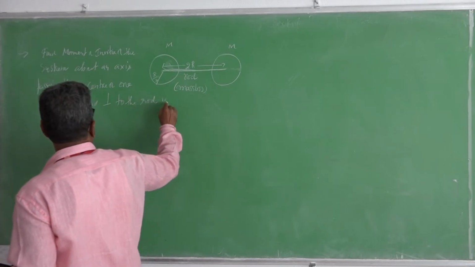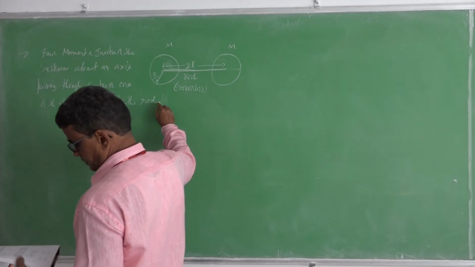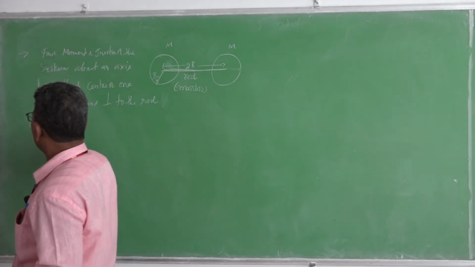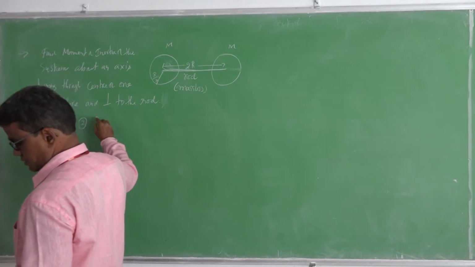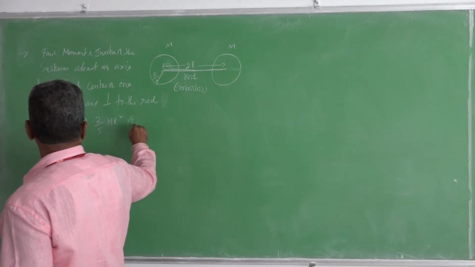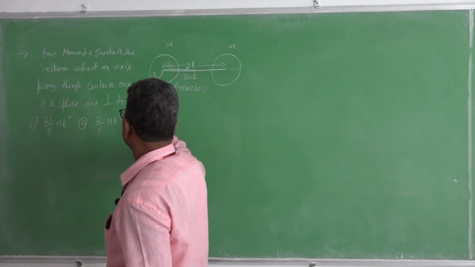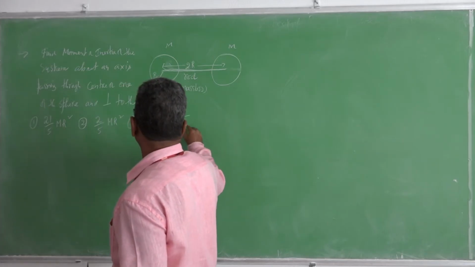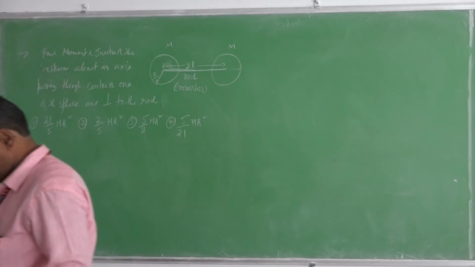So how much is it? The first option is 21 by 5 mr square, second 2 by 5 mr square, third 5 by 2 mr square, fourth 5 by 21 mr square. Okay, so this is the problem.